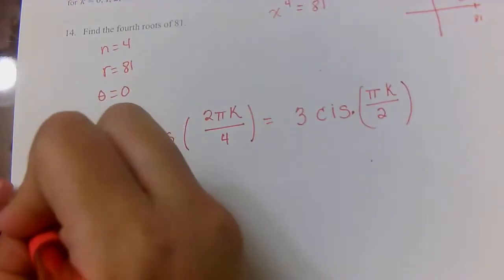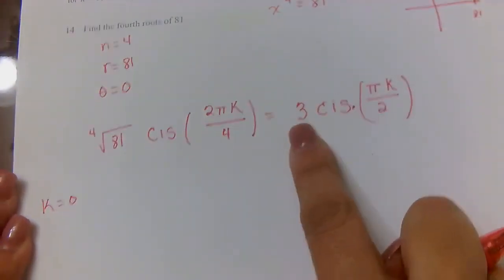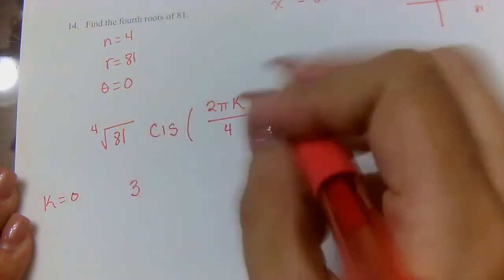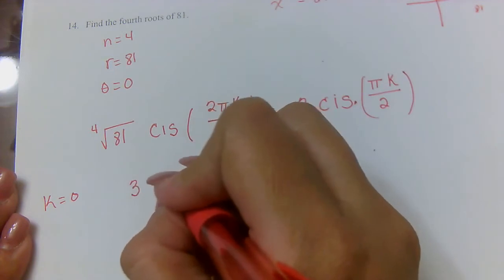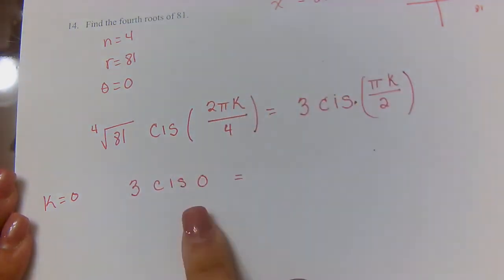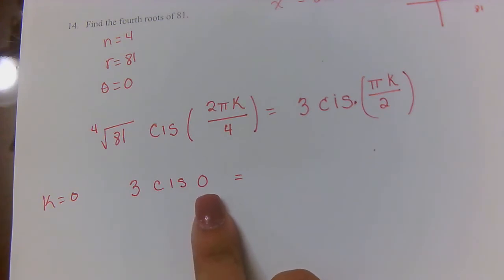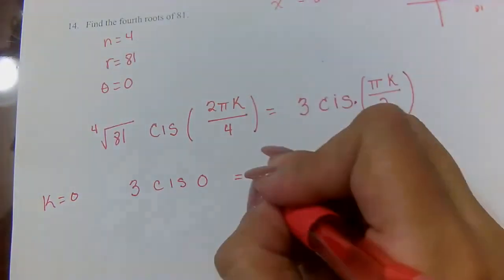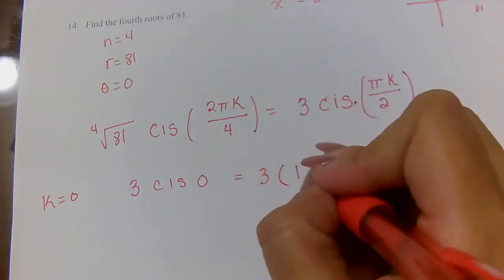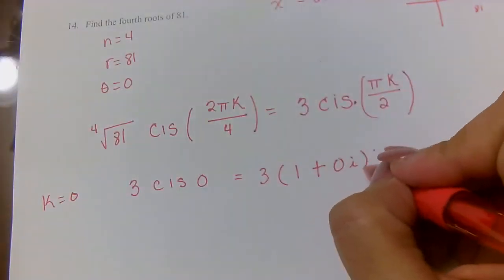So let's start with k equal to 0. If k is equal to 0, I'm going to have 3 CIS 0. What is cosine at 0? Use your unit circle. Cosine of 0 is just 1, so I'm going to have 3 times 1 plus sine of 0, which is 0, i.